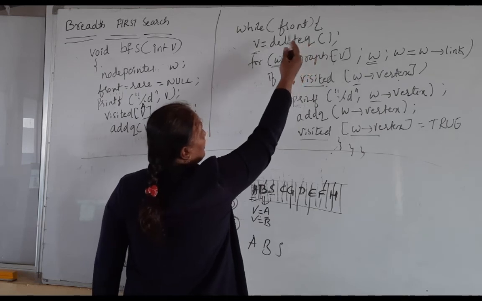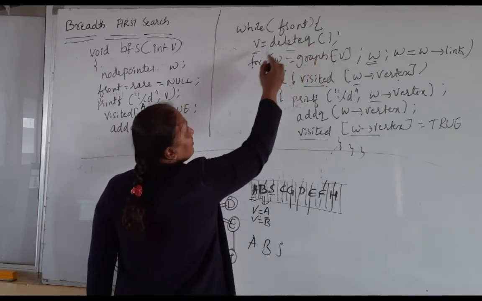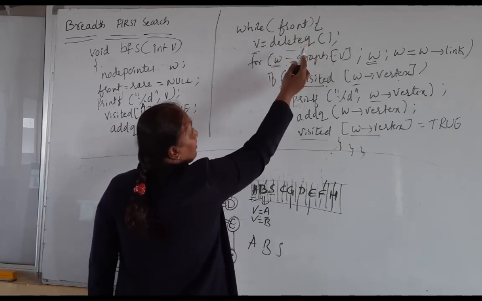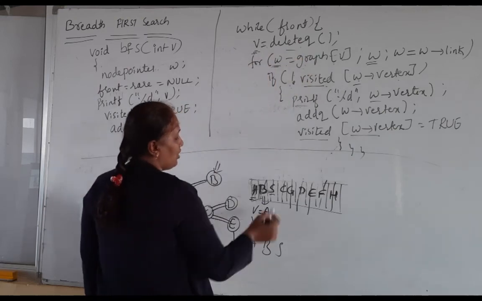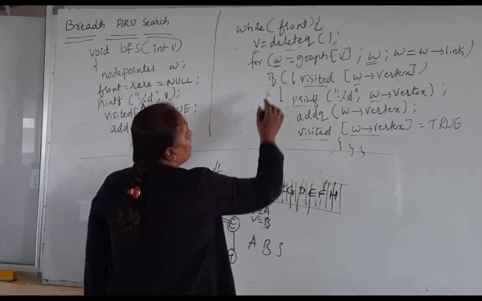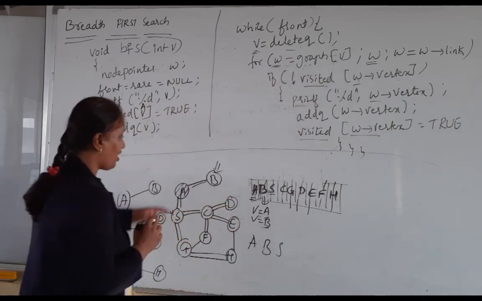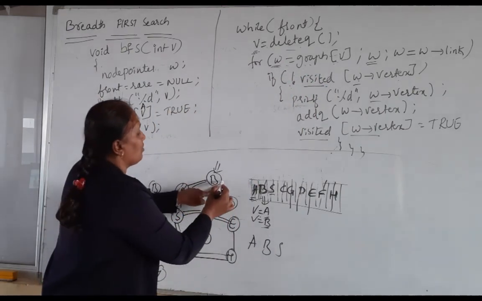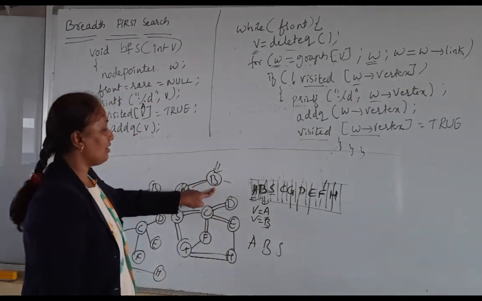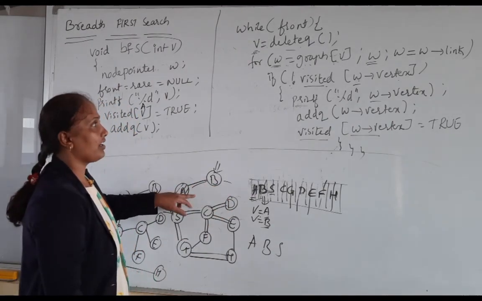Again, it is in a while loop, so you are going to check the front of the queue. You delete the front element of the queue and assign it to V. So now the V value is B. Next, W equal to graph of V. So you check the graph of B. One neighbor it has, that is A, which is already visited.